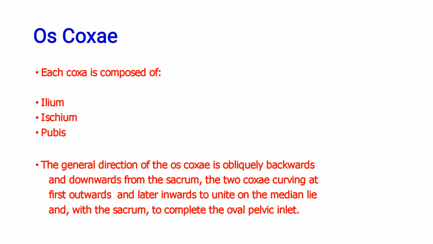The 2 os coxae curve at first outward and later inward to unite on the median line and with the sacrum to complete the oval pelvic inlet. 2 coxae unite to form the oval pathway for the passage of fetus.